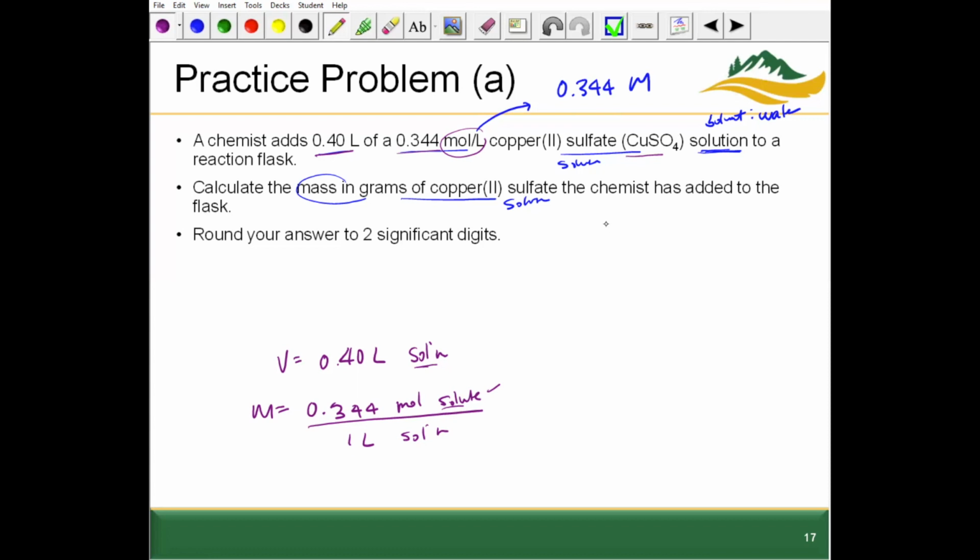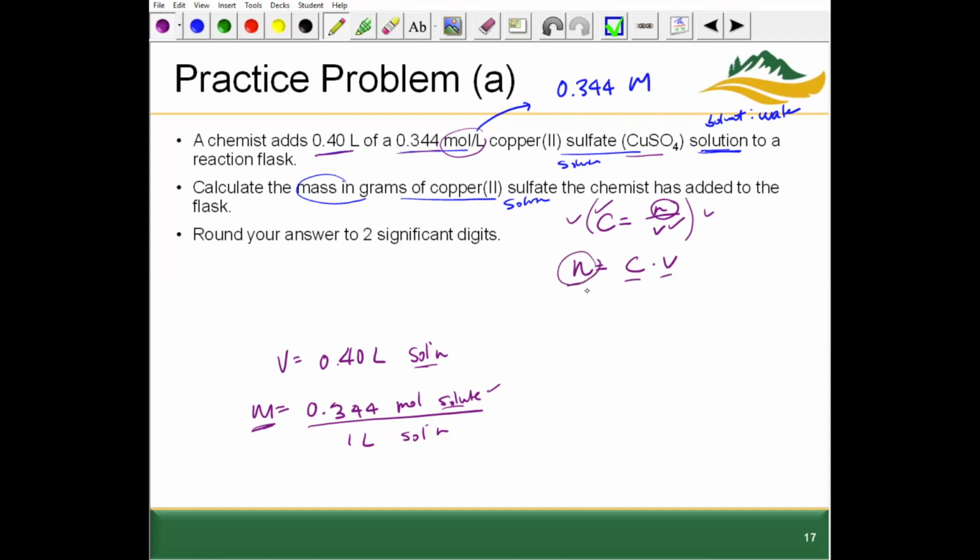So we have from this equation, number of moles over volume. We have a concentration here, right? That's our molarity. We have a volume. So now we can rearrange and solve for number of moles to be concentration times volume. So multiplying both sides of this equation by volume, number of moles is equal to concentration times volume.